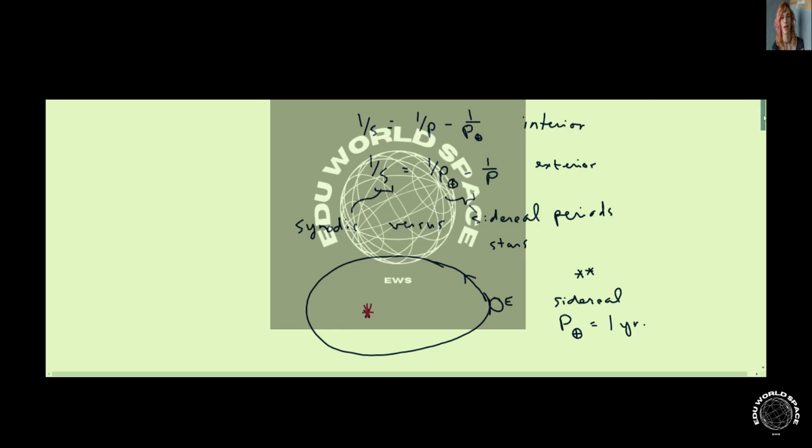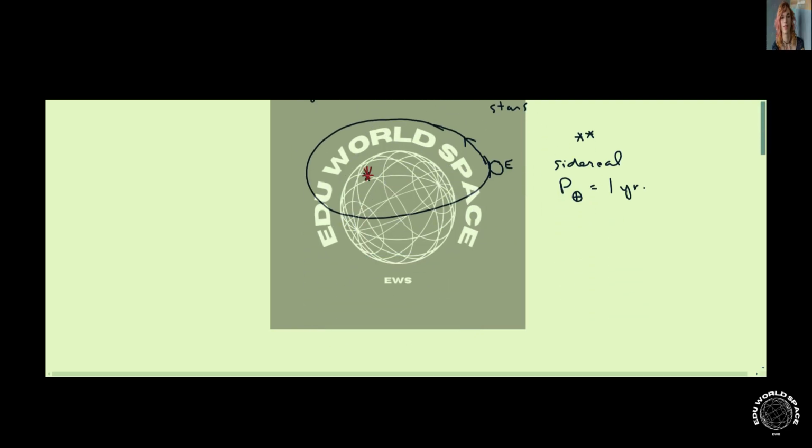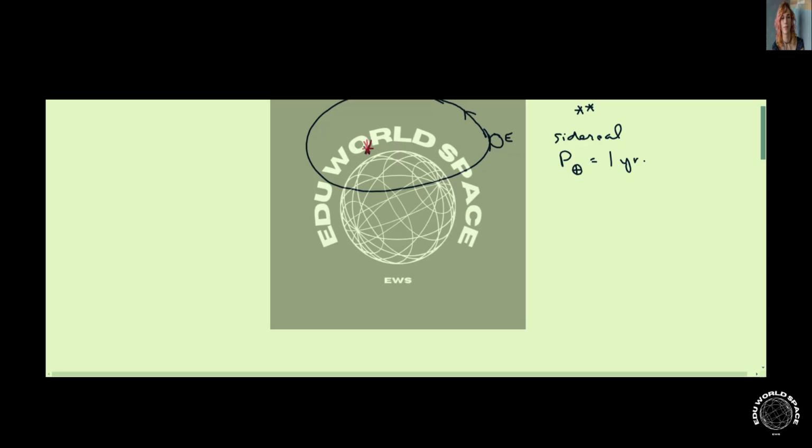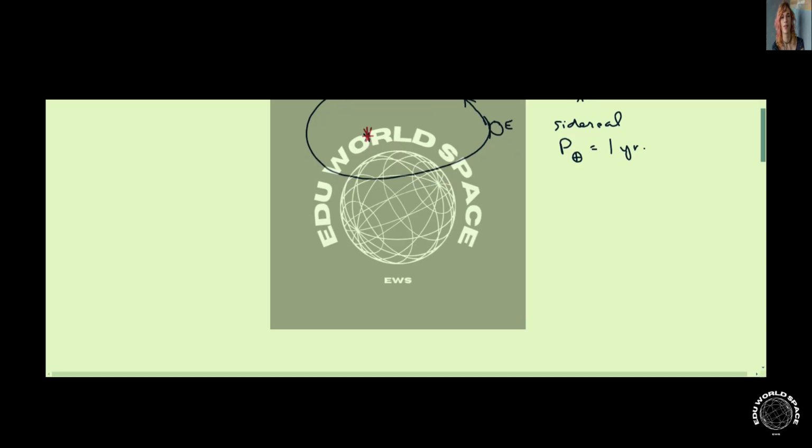Synodic, on the other hand, usually refers to an alignment between the Earth and some other object that is moving around the sun. So these alignments, of course, are very important in terms of astrology. So people wanted to know how to predict them. So we'll show the particular alignment.